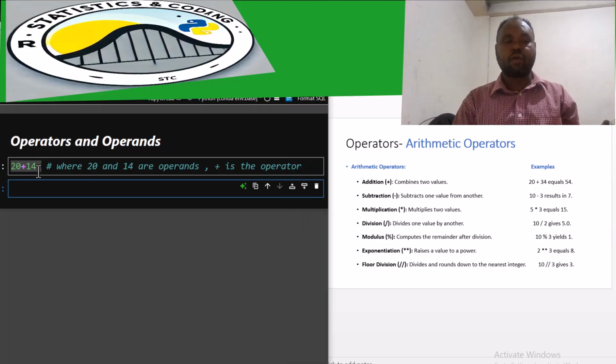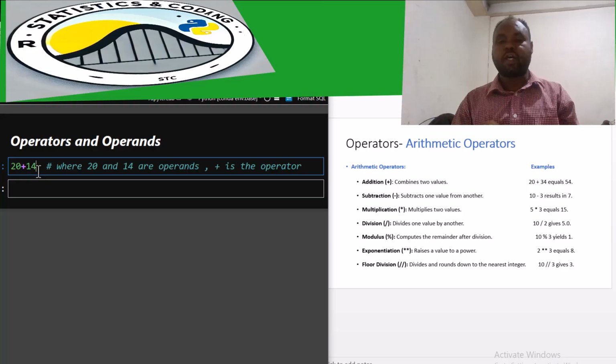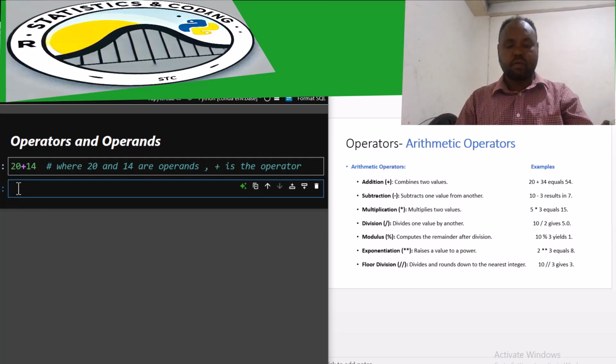This example is the addition operator, which adds two numbers. In 20 plus 14, the two numbers are operands, whereas the plus symbol is the operator. If we take multiplication, the two numbers are the operands, whereas this star is the multiplication operator.